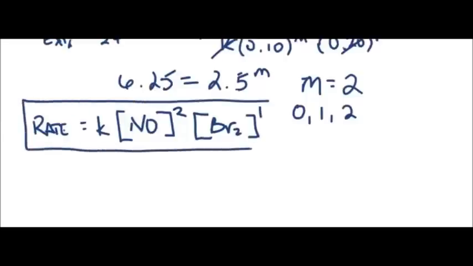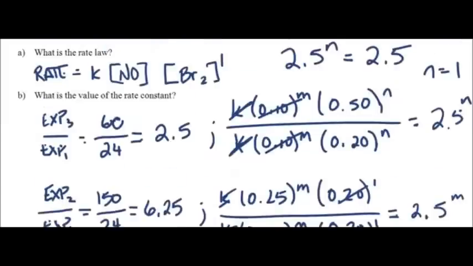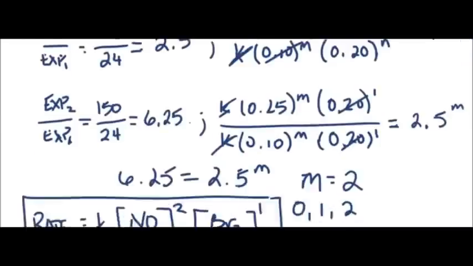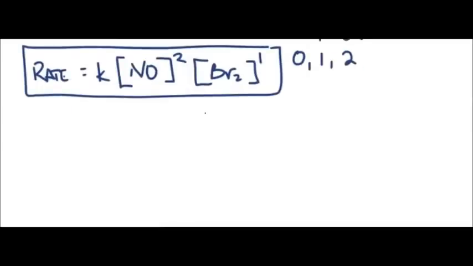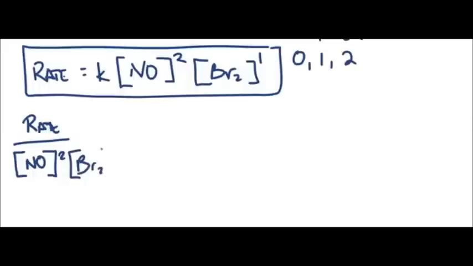So there's our rate law for this reaction. Now again, the question was wanting us to determine the value of the rate constant, so we have to calculate what K is. So again, let's rearrange these variables so that we have K all by itself. We're going to have rate over NO squared times bromine to the first power is equal to K.